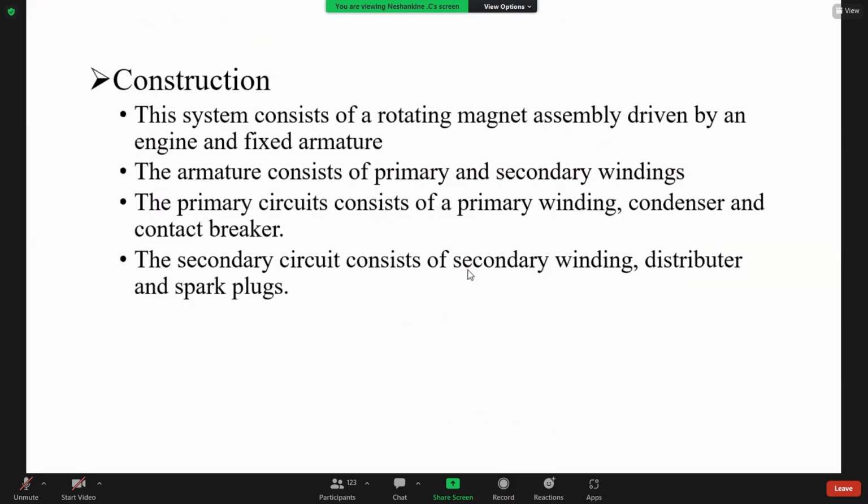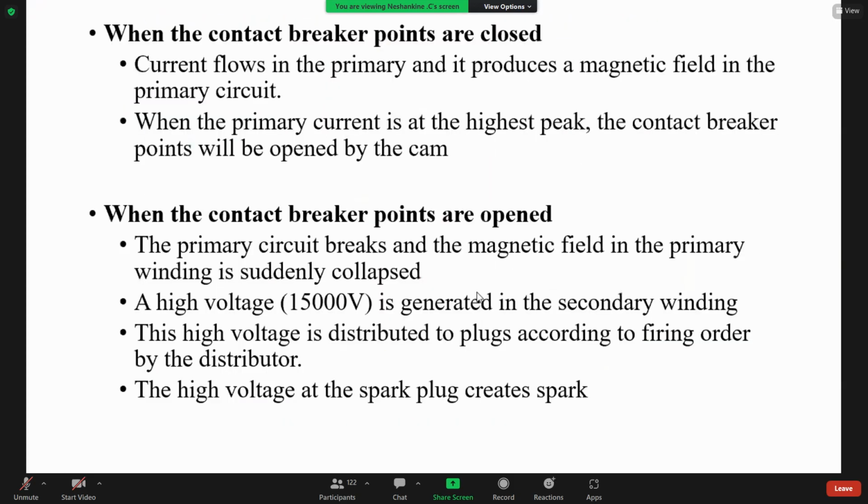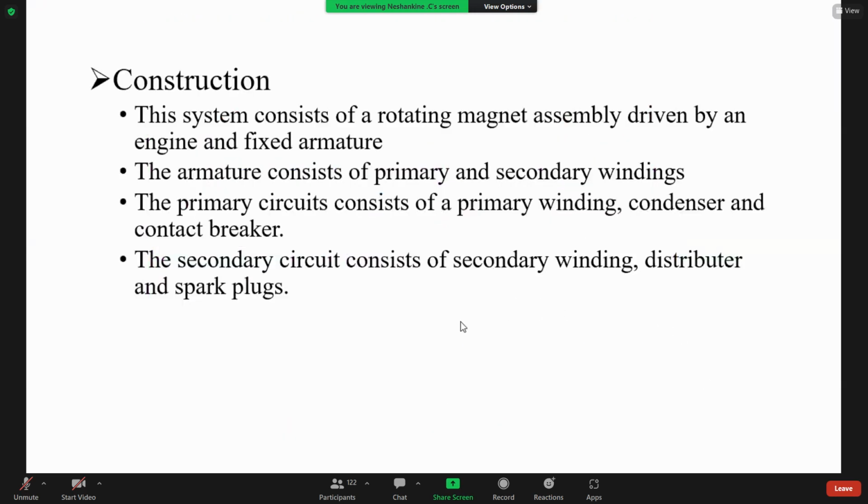In the secondary circuit, you can observe the secondary winding, this yellow color one, the distributor, then spark plugs. Okay, this is the construction of the magneto ignition system.